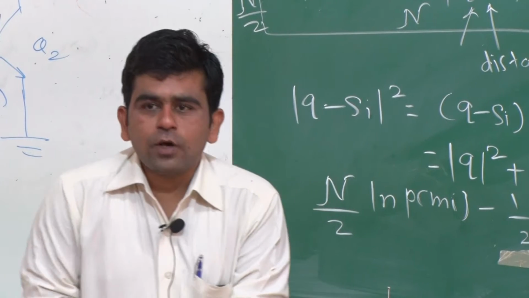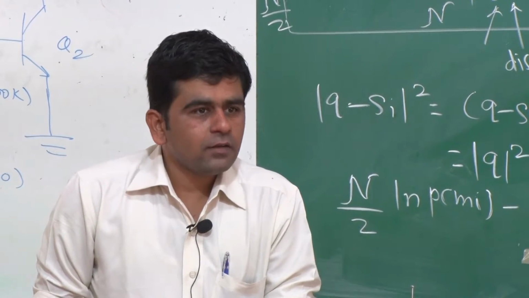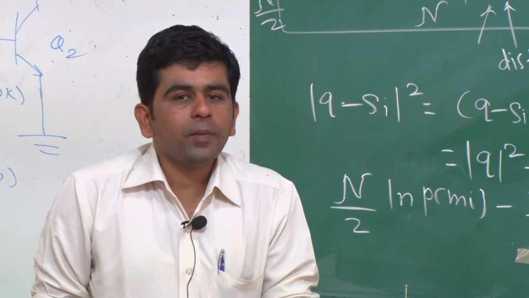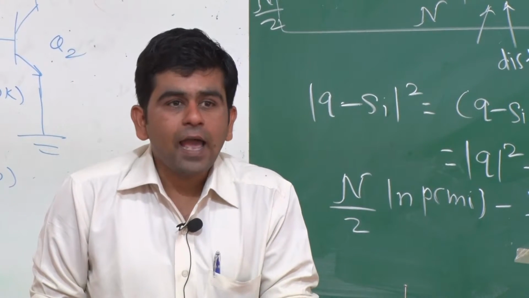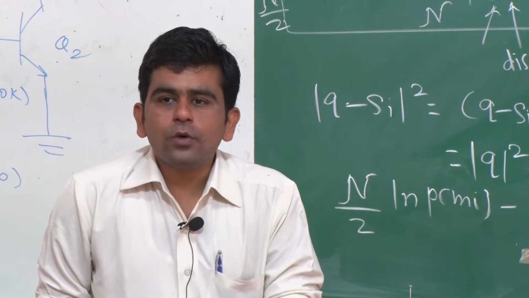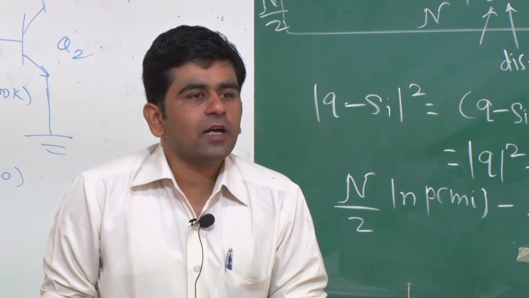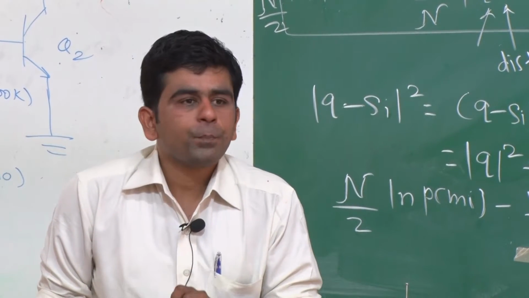I am standing at the receiver point. I have received the sum vector, that is Q, which is a combination of Si plus Ni. So our job is to plot this Q vector on the n-dimensional signal space diagram.